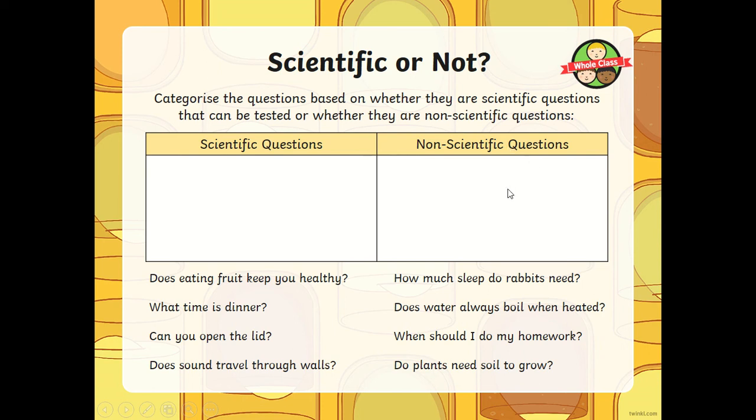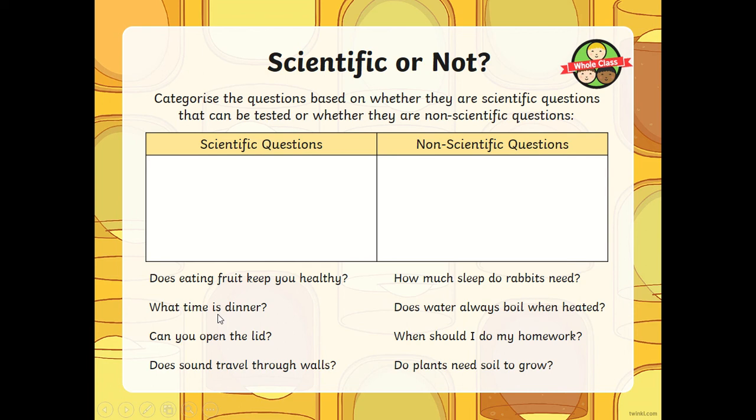So is it something that can be tested, that can be investigated? So let's have a think. Does eating fruit keep you healthy? Okay, we might already have an idea of the answer of that, but is it something that we would test, and is it scientific? Yes, I think we would. So that would go in scientific questions.